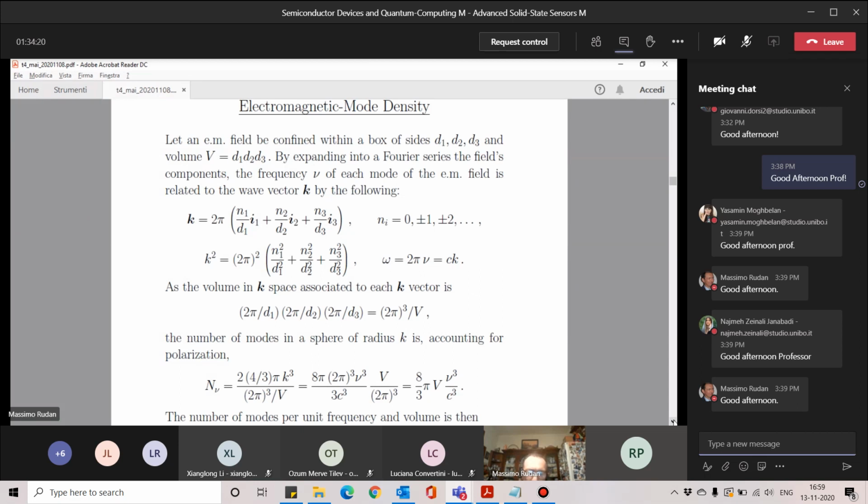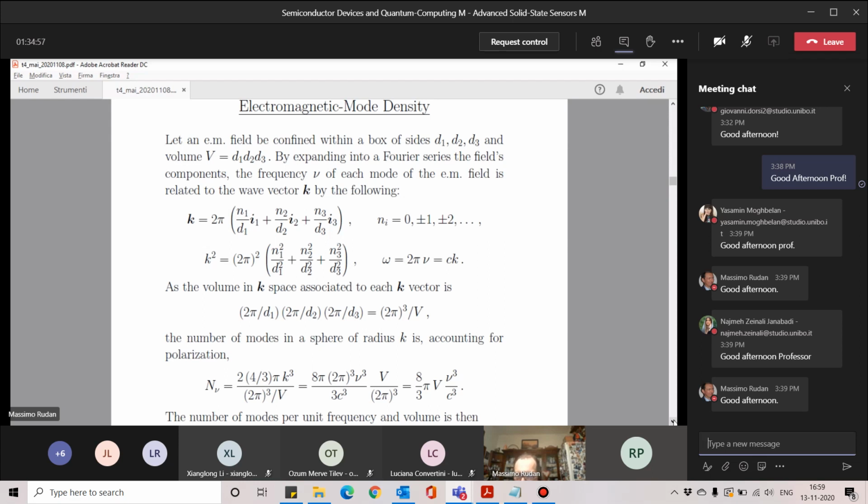Then we make another observation: if you take any vector k, and then you change any of the indices n1, n2, and n3 by 1 unit, you go to the next vector k. So this reasoning is exactly identical to the reasoning that we already performed in a completely different situation when we were discussing the possible k vectors inside the Brillouin zone, okay?